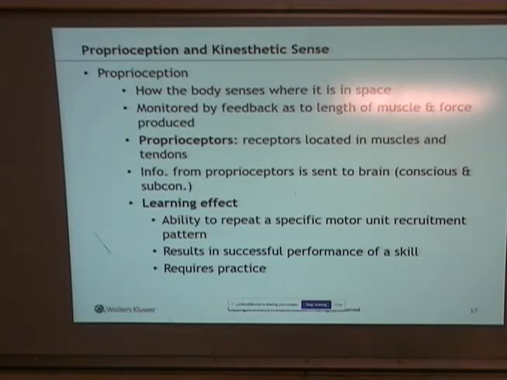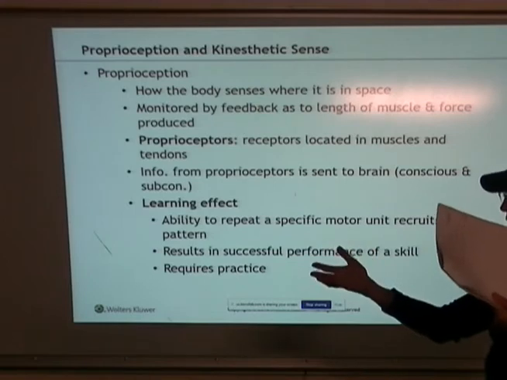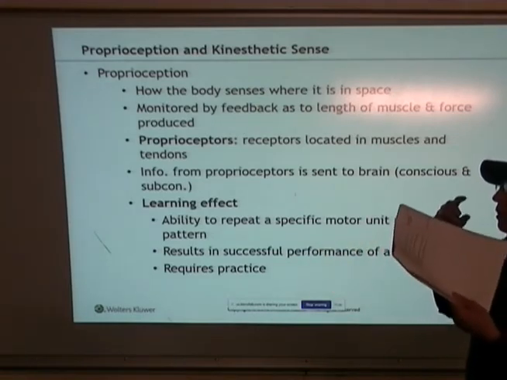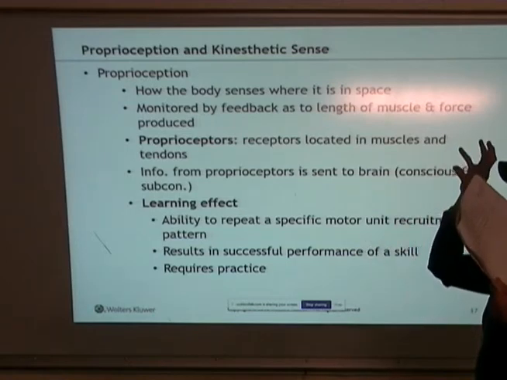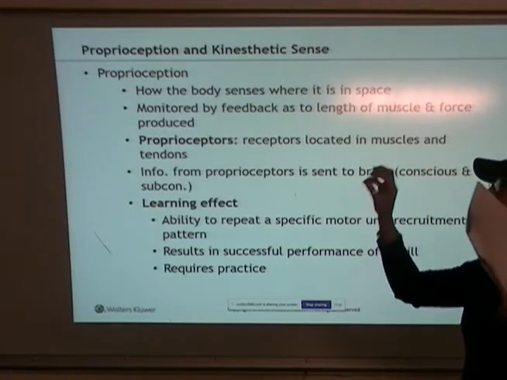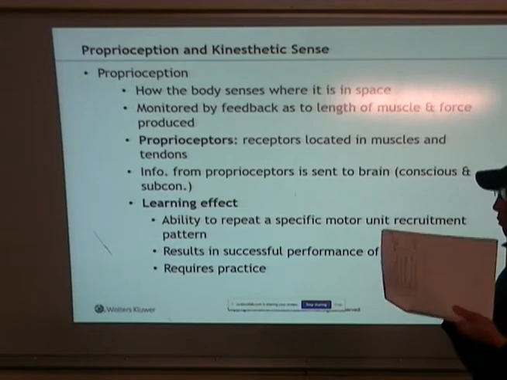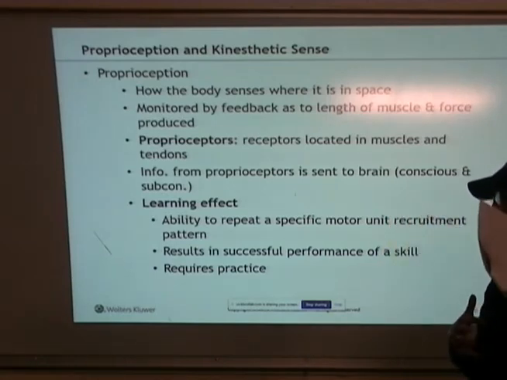So if the brain turns on motor unit ABC and the force that's produced doesn't result in the outcome that was wanted, right? Then next time it does that motor unit recruitment, maybe it will turn on A, B, C, and D because of the information it got back from the first attempt, right?